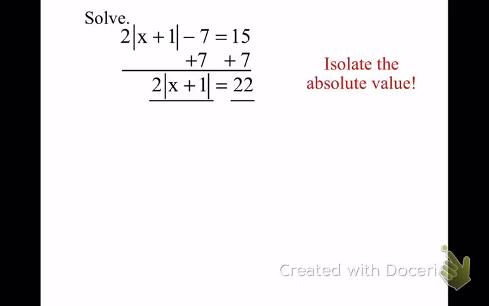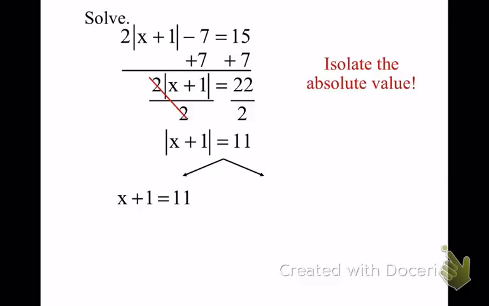Divide both sides by 2. And the absolute value of x plus 1 is equal to 11. And then we branch it. And my solutions are? What are they? Edward? Negative 12 and 10. Yes. Good.